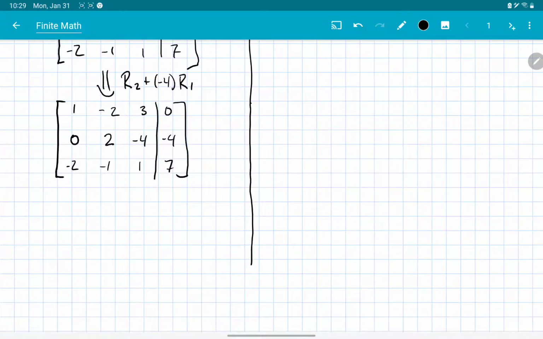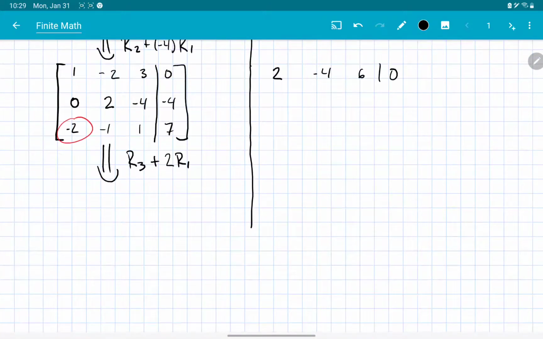Now I want to eliminate that -2 right here. So to do that, I'm going to take row 3 and add 2 times row 1 in order to make this work. So I'm going to write what 2 times row 1 is over here. That way I will be less likely to make an error. 1, -2, 3, 0.